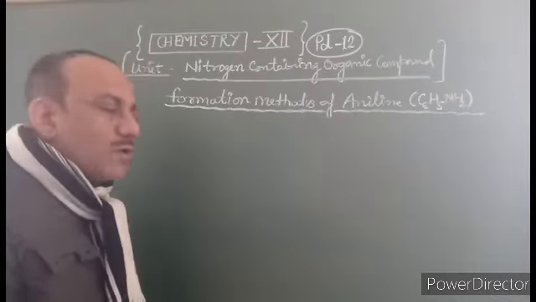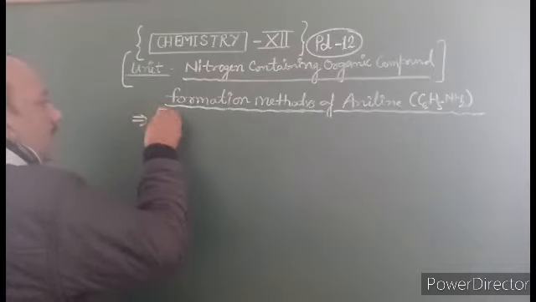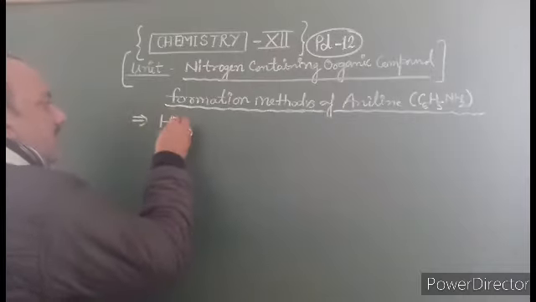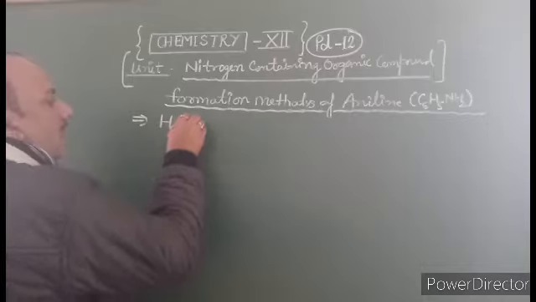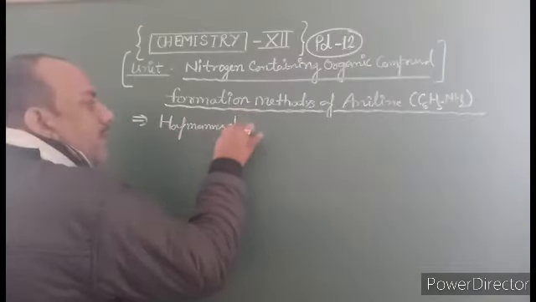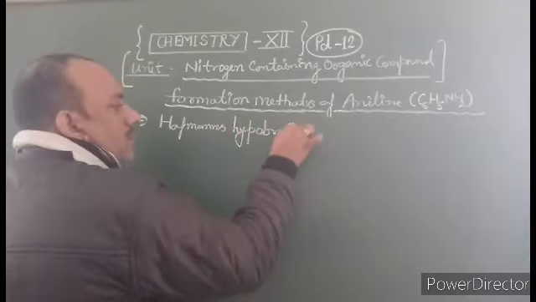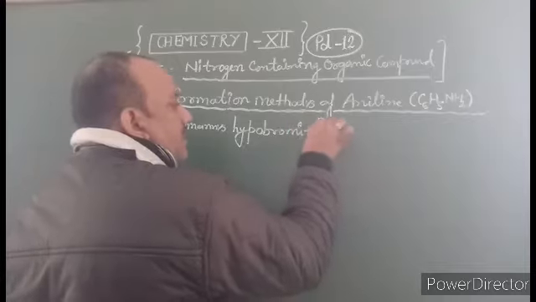Now the next method is a most important chemical reaction. It is also known as the Hofmann hypobromite reaction.